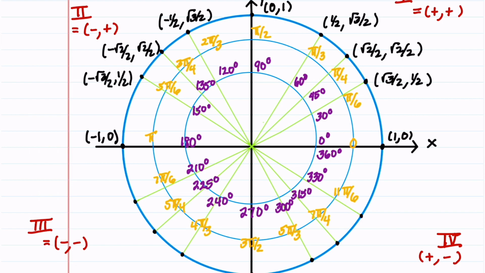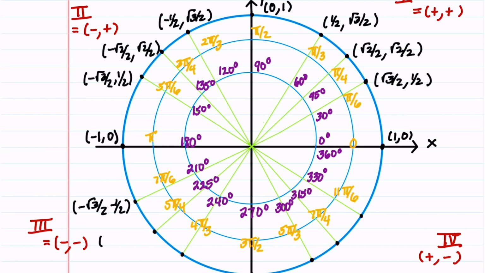So in the third quadrant, all the values are negative. In quadrant 3, our x value is going to be the same as it was in quadrant 2, but our y value is going to be negative. So this, at 7 pi over 6 or 210 degrees, we get minus root 3 over 2, minus 1/2.